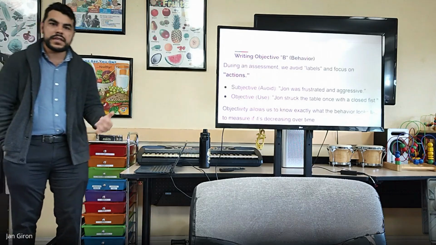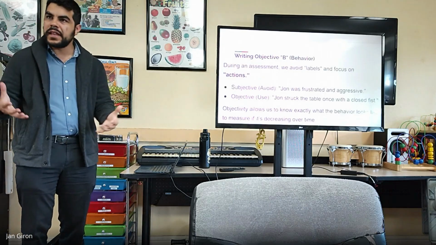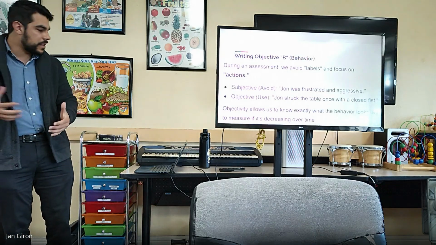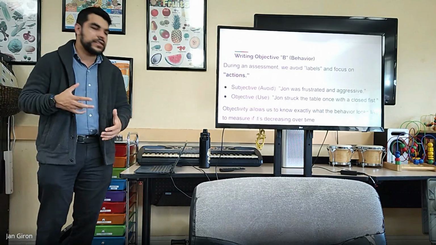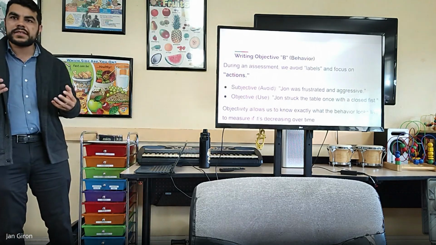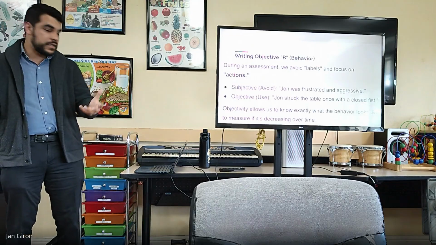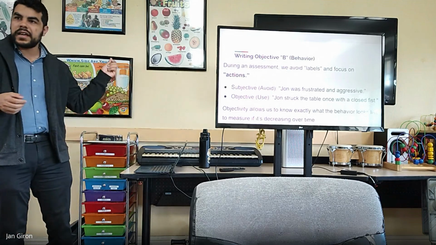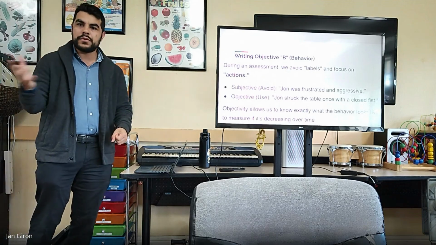So instead of using subjective language, discussing emotions or feelings such as frustration or aggression, we can instead use something a little bit more objective, such as the client striking the table, throwing an item across the table or the room.